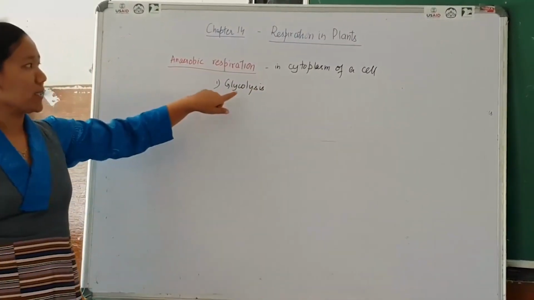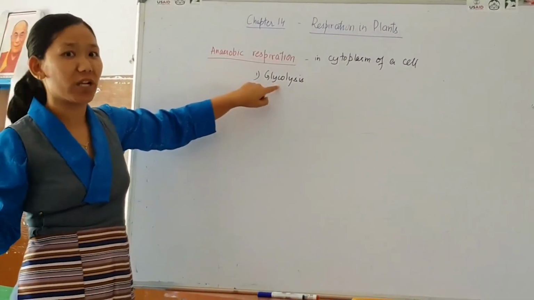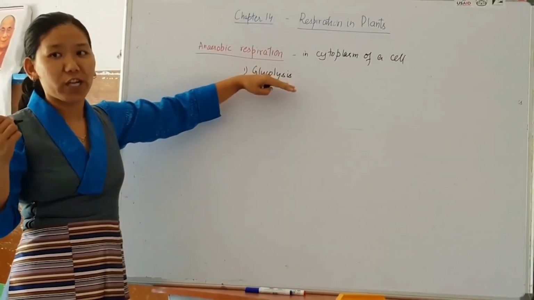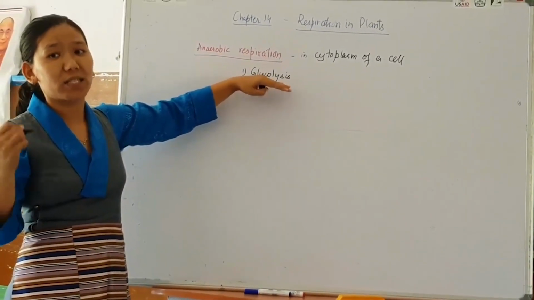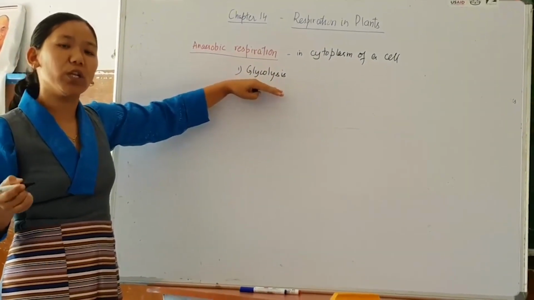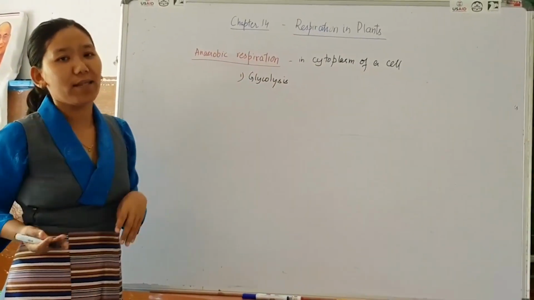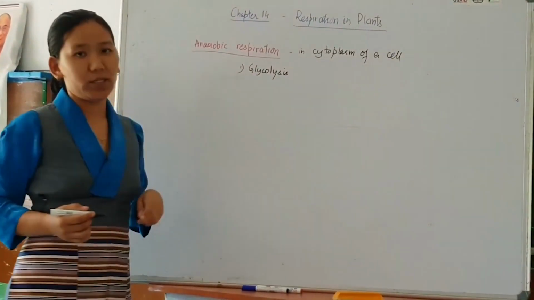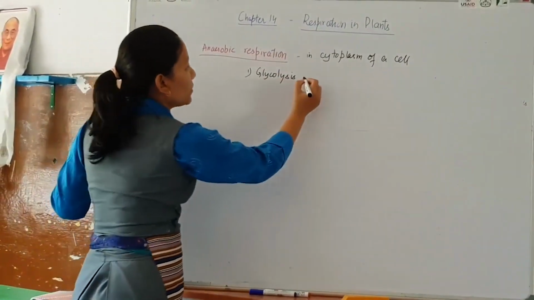And this glycolysis also takes place in aerobic respiration. So glycolysis is a 10-step reaction which is common in both aerobic as well as anaerobic respiration. I'll just write to summarize part of it.